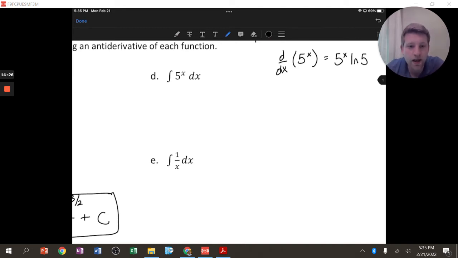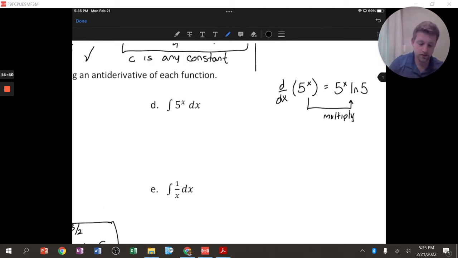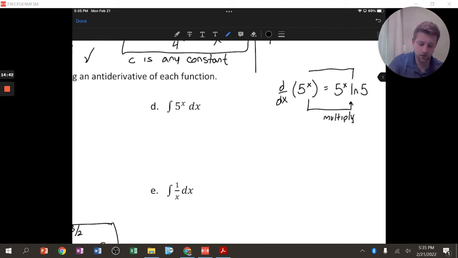So if I had to multiply by that natural log of the base to get a derivative, well, it would make sense if I wanted to get to the reverse order. If I wanted to go backwards, I'd have to divide by that same natural log of the base.